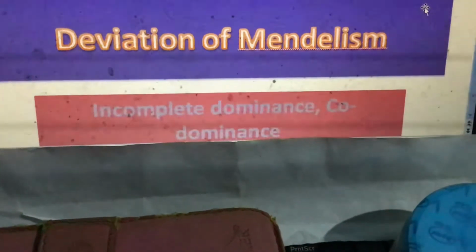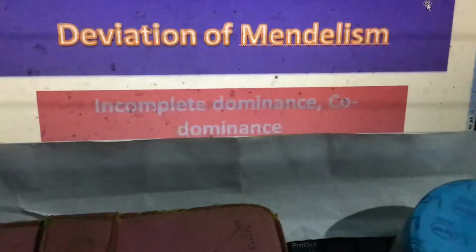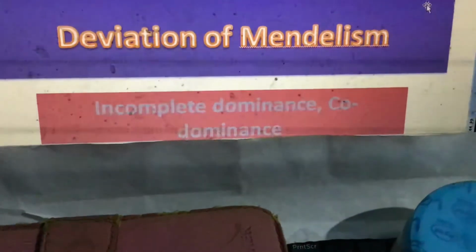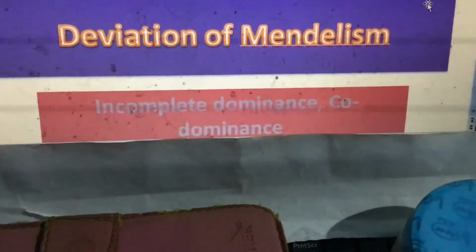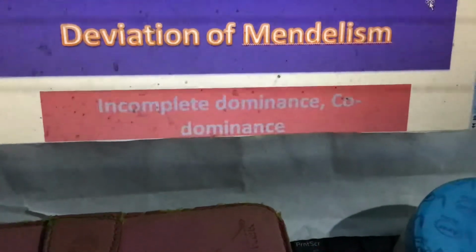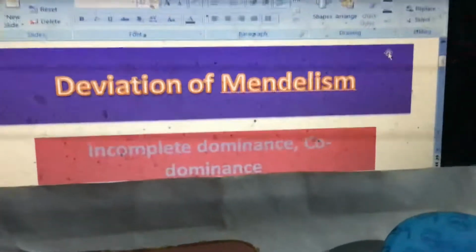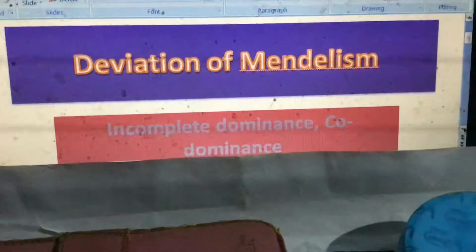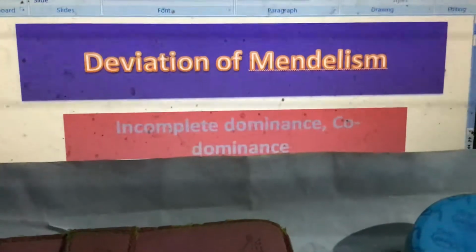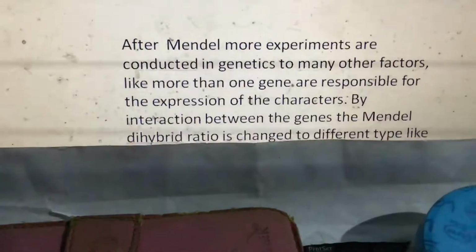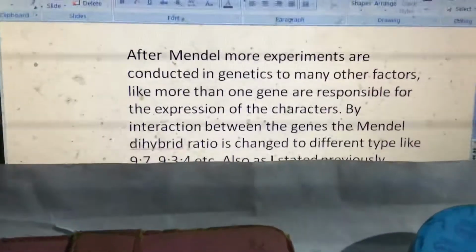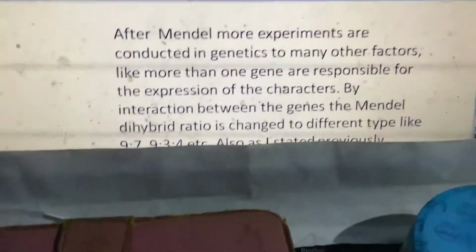Now, incomplete dominance is also seen in the four o'clock plant, where two types of flowers are produced, red and white.